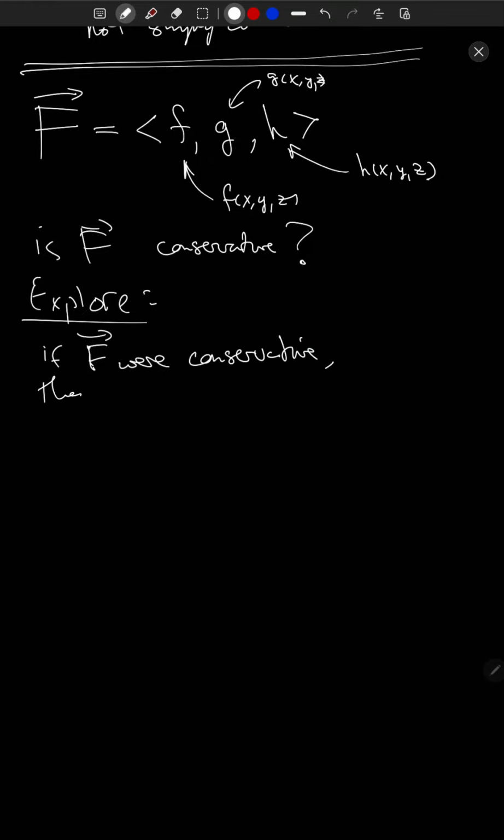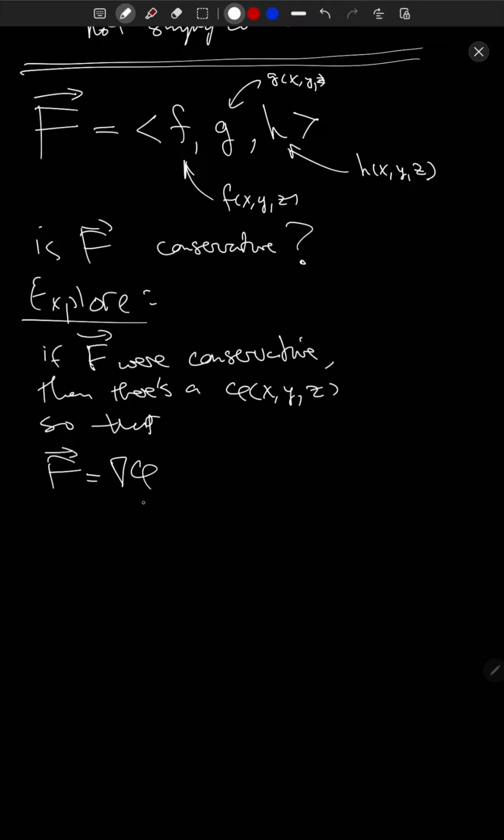If F were conservative, then what does that mean? That literally means there's a phi of x, y, z so that gradient phi is equal to F, so that F is the gradient vector field of phi.